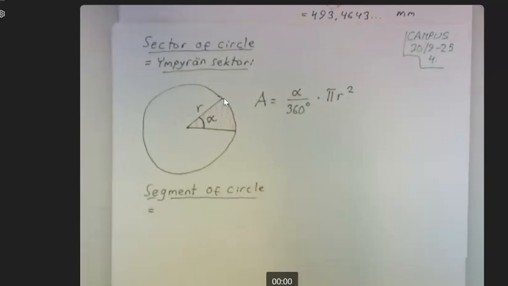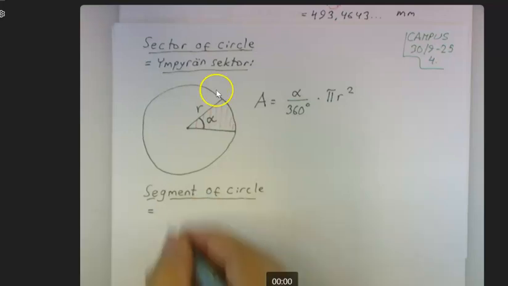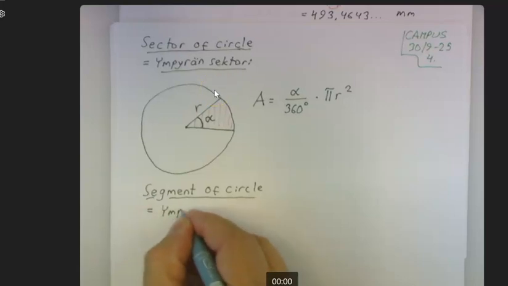Can you guess what is the translation of the word segment in Finnish? Segmentti. Only you put I letter, or actually you put two T's there, so it is segmentti. Ympyrän segmentti.